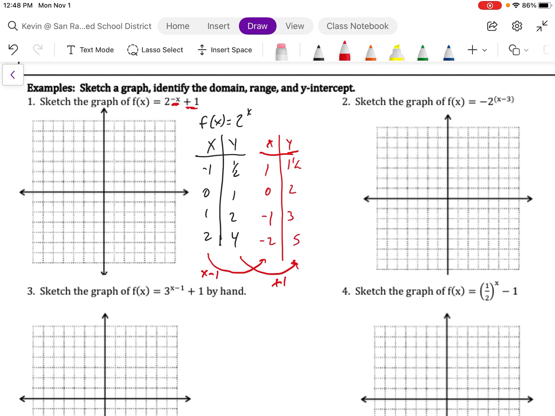I'll come over here, I will graph those points. 1 and 1.5, 0 and 2, and -1 and 3, and -2 and 5. I have it here. Now, in our parent function, our asymptote is y equals 0.